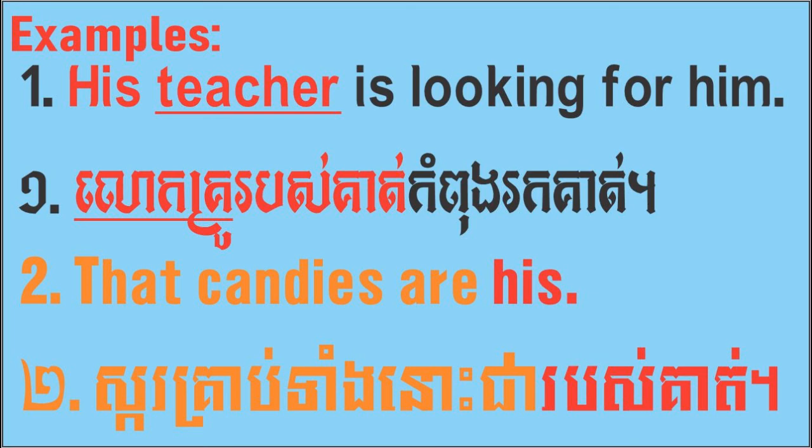Teacher is a noun. So his is a possessive pronoun. The function of it is an adjective. Okay, his teacher. His always used in front of a noun. So that's rule number 1. And example number 1, his teacher. Teacher is a noun. His is a possessive pronoun.